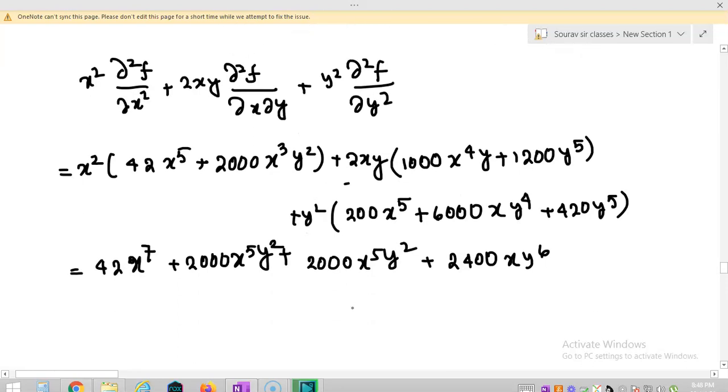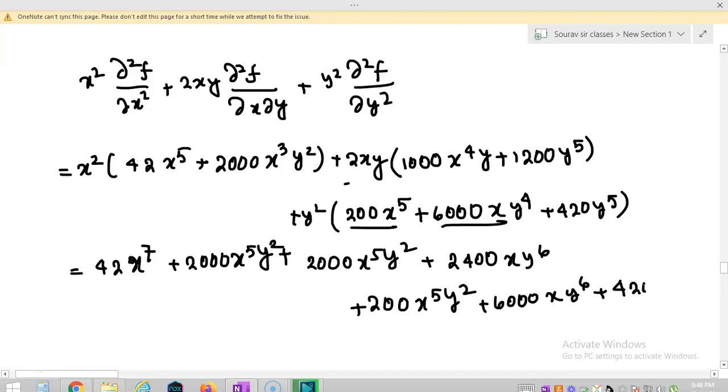And it will be 200 x to the power 5 y square, 6000 x y to the power 6 plus 420 y to the power 7.